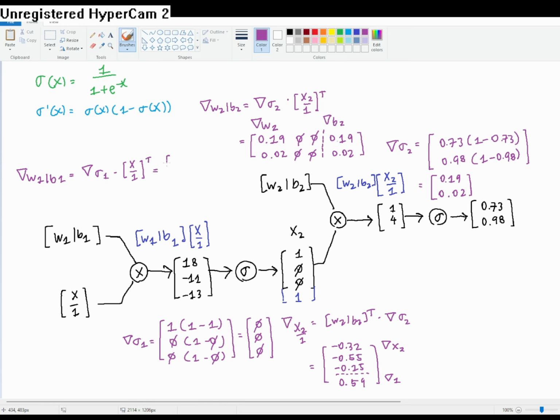What you're going to actually just end up with is a huge matrix of zeros. 4 zeros in the middle row, 4 zeros on the bottom row. And if you wish to know, which you should wish to know, this is the split right here between the 1 and bias 1.